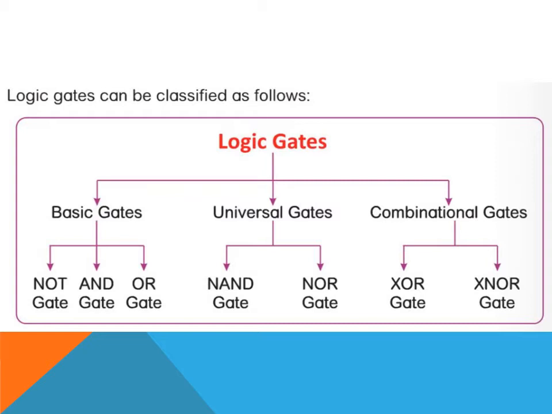There are three types of basic gates: NOT, AND, OR. We will discuss this in detail, okay? Don't worry. There are two types of universal gates: NAND and NOR. Now, a quick tip, just remember this: NAND is the opposite of AND, and NOR is the opposite of OR.